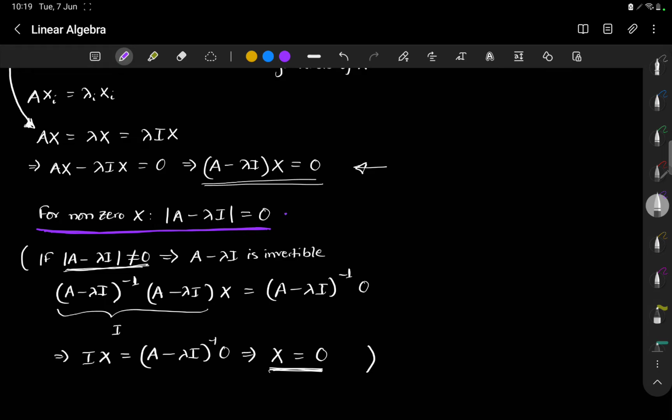Now this will give us a polynomial in lambda, and this equation is known as the characteristic equation.